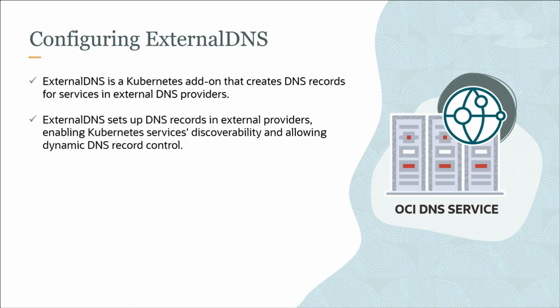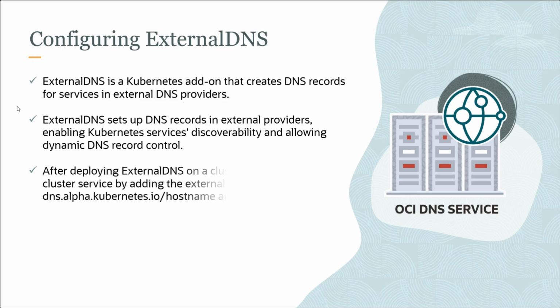It empowers Kubernetes service discoverability and provides dynamic control over DNS records by setting up and managing them in external DNS providers. After deploying ExternalDNS on your cluster, you can expose a service by simply adding the external-dns.alpha.kubernetes.io/hostname annotation to the service.